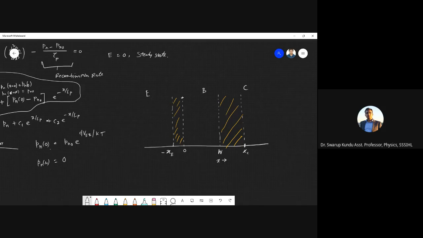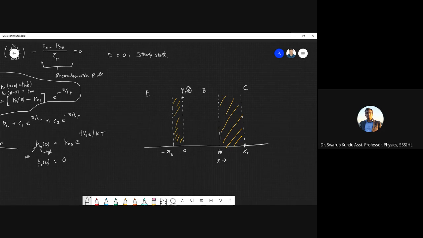And of course, this is in the N region. So Pn0, P is for the hole, and N is for our N type. So here we have Pn0.